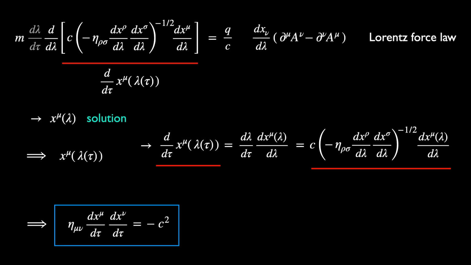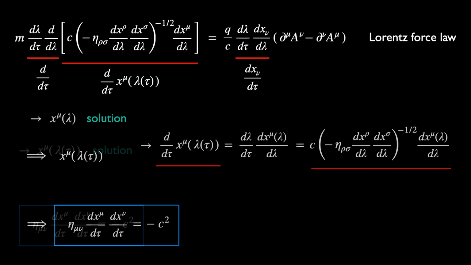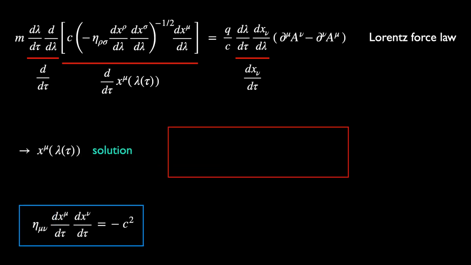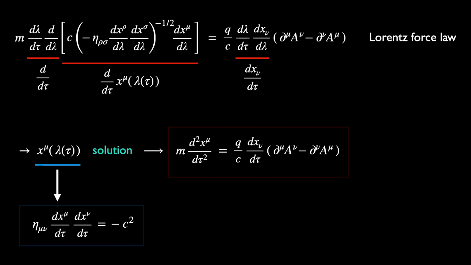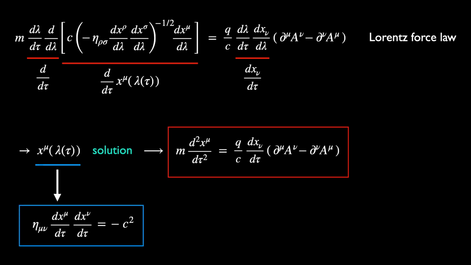And when we multiply both sides of the equation by d lambda d tau, this just becomes the following, which is satisfied by our composite function, which also satisfies the velocity constraint. Thus these two equations are automatically consistent with each other.